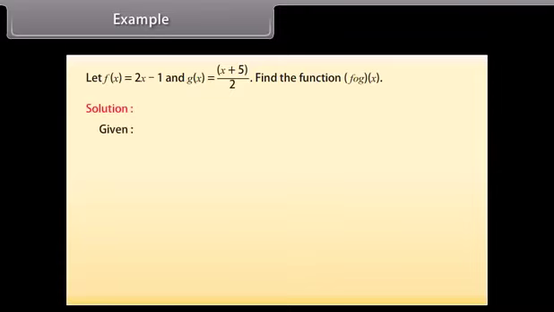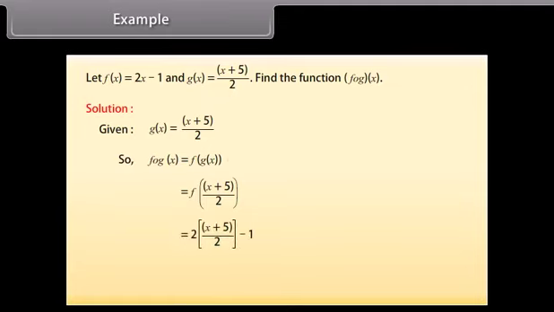Given g(x) = (x + 5)/2. So f(g(x)) = f((x + 5)/2) = 2 × (x + 5)/2 − 1 = x + 5 − 1 = x + 4.